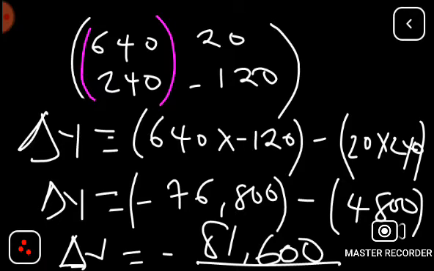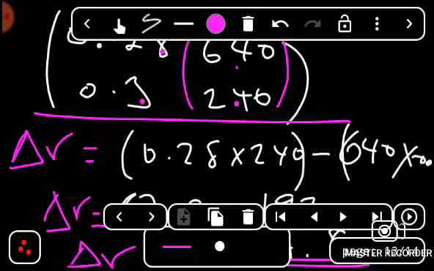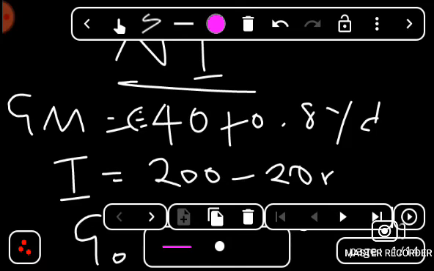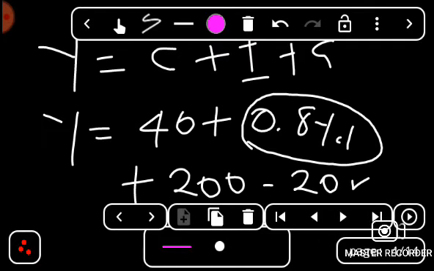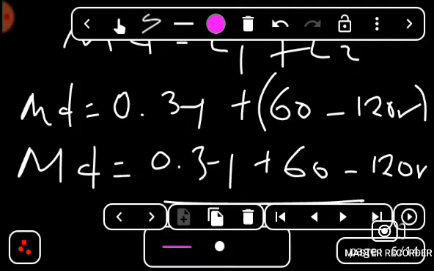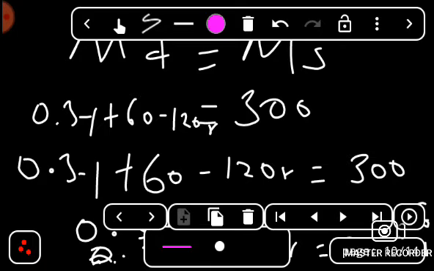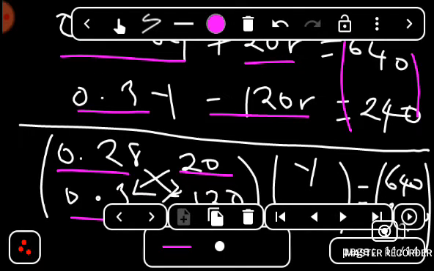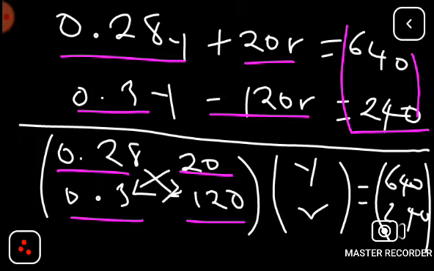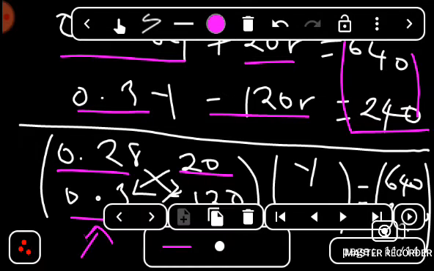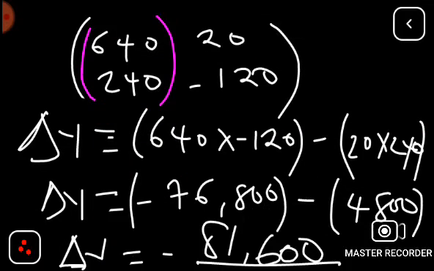I get these two and put them in the first part of this equation. When I do that, this part will remain constant when I'm finding the change in Y. So when I find the change in Y, I'll just multiply those two and I'll find that answer.